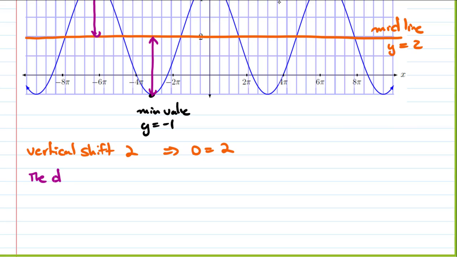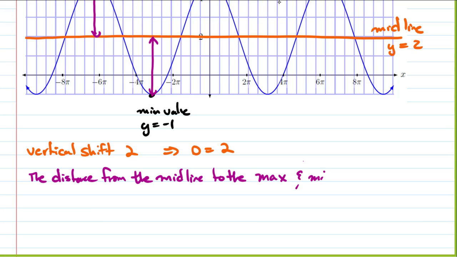So this tells us that our amplitude, or our A, is going to be 3.